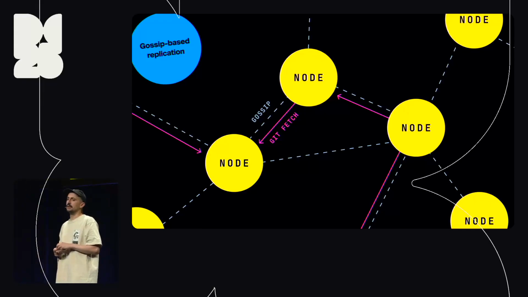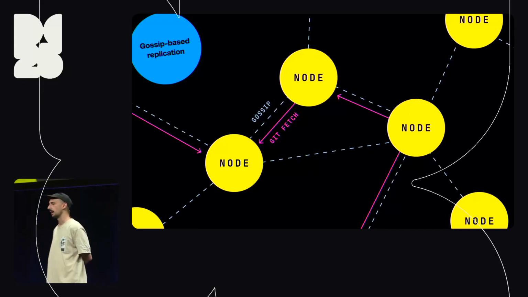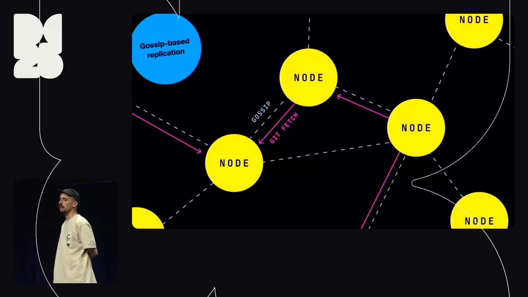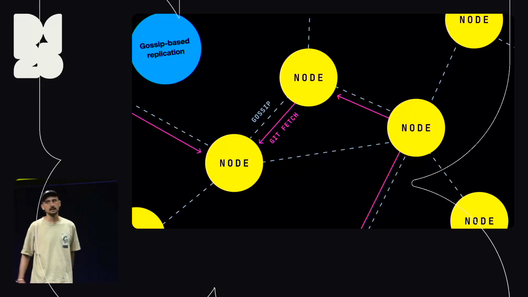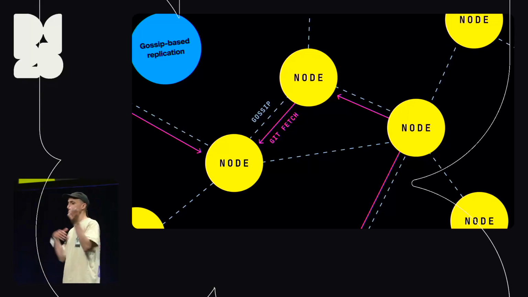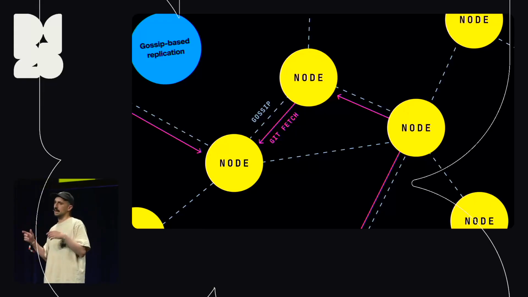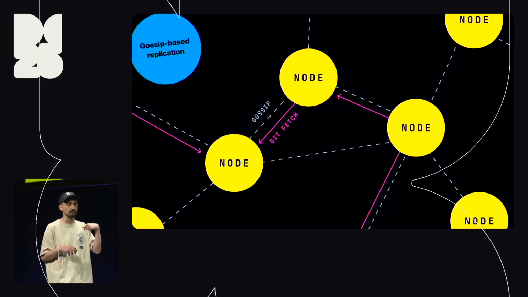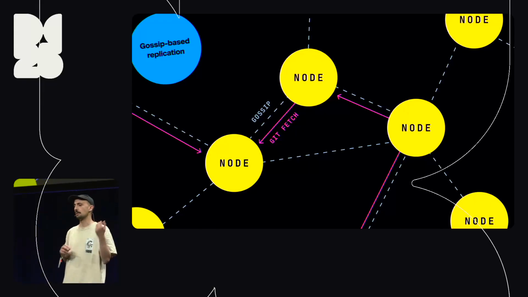In a true peer-to-peer network, of course, we can't do that. What we do want to do instead is we want any node to be able to serve with you the content that you're after, and you to be able to verify this fully. And the way Radicle does that is by actually introducing a gossip network where effectively nodes gossip to each other what kind of repositories they have and what kind of updates within those repositories.